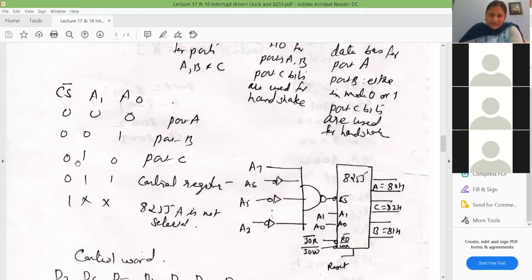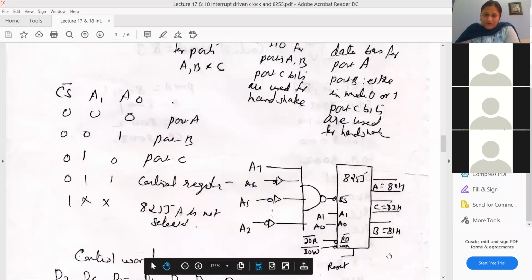If A1 is 1 and A0 is 0, it is the port C address. When both are 1, it is the control register address. When chip select is 1, the other lines can be anything, but the 8255 is not selected because chip select bar is high.